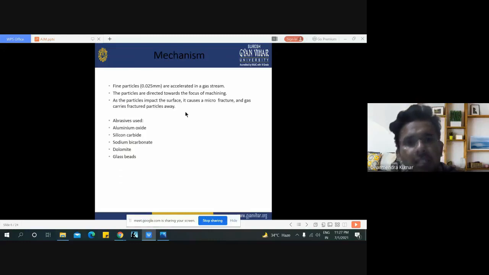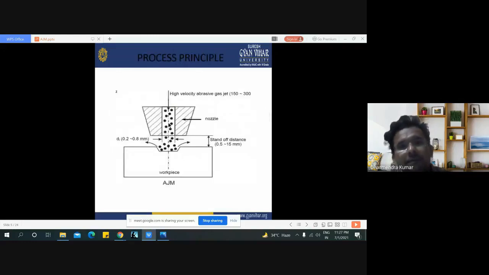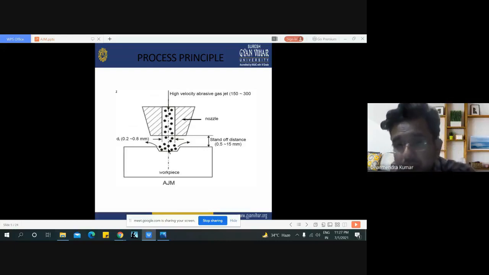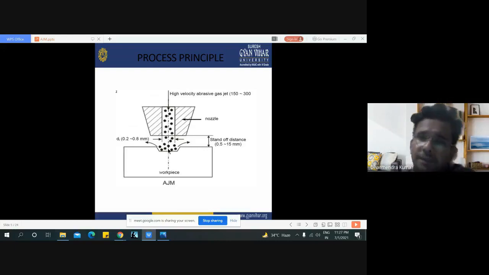As the particles impact the surface, they cause a microfracture, which we have discussed earlier, and the gas carries the fractured particles away. Here we see that with the help of air or gas, abrasive particles strike the workpiece and a fracture takes place. After the fracture occurs, the high velocity gas is responsible for removing the extra material from the workpiece.